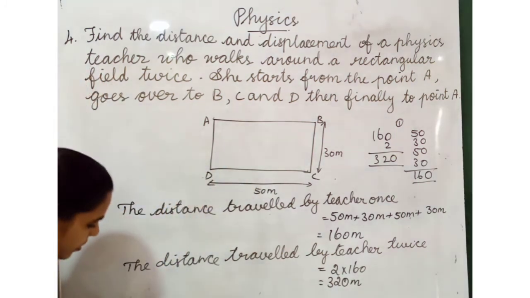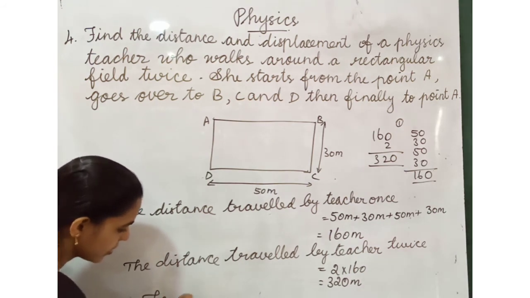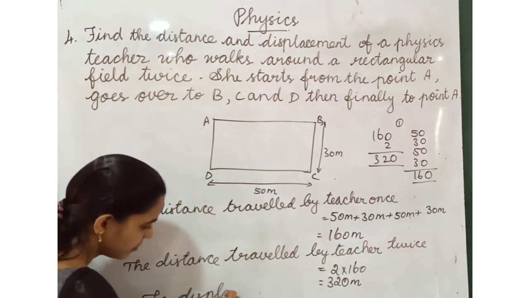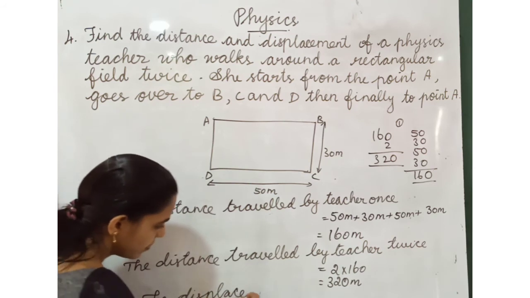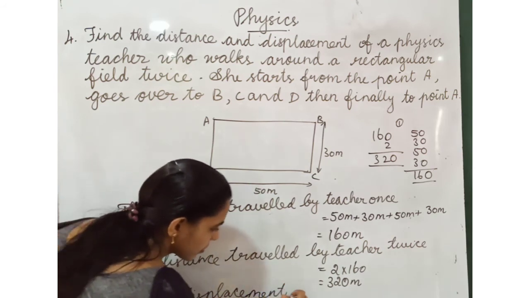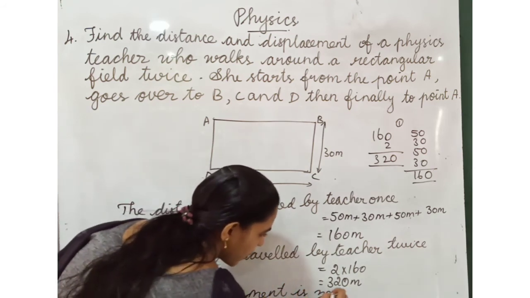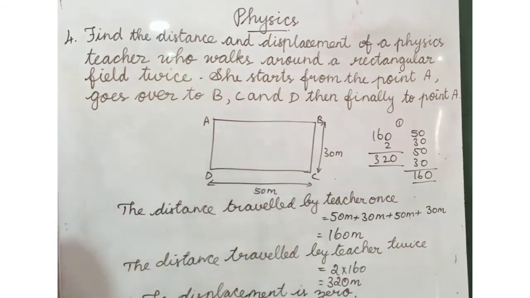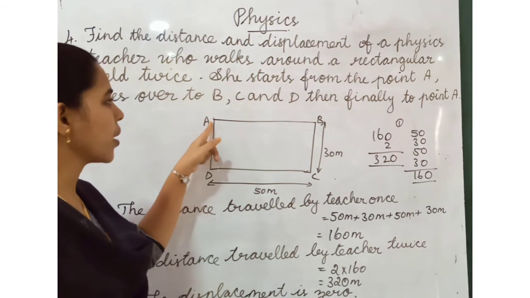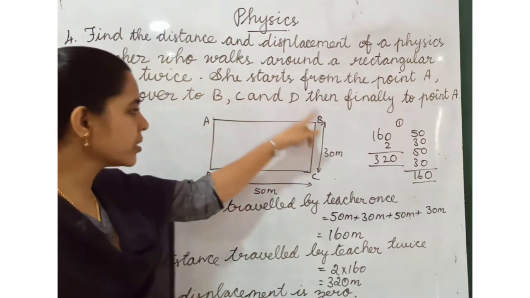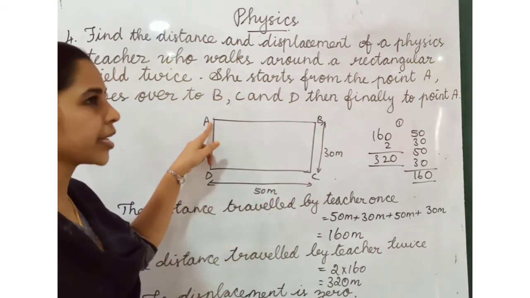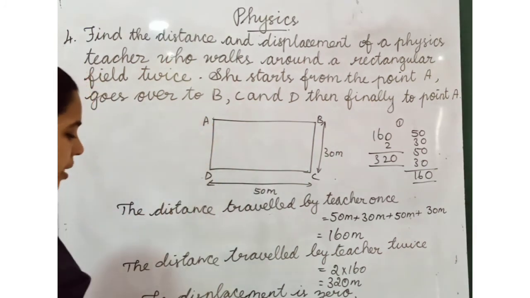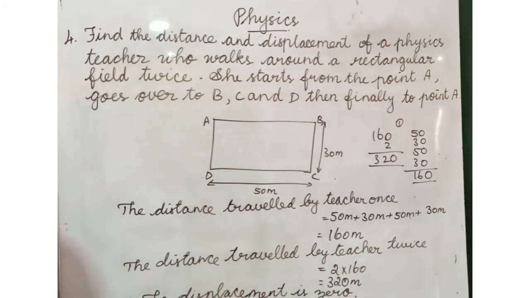Why is the displacement 0? Because she starts at point A, and again she comes back, the ending point is A. So the displacement is 0.